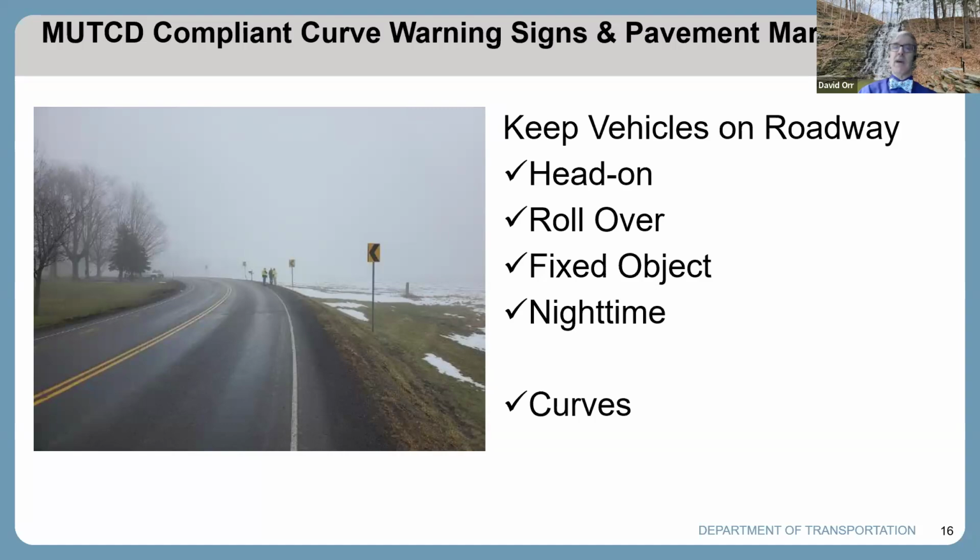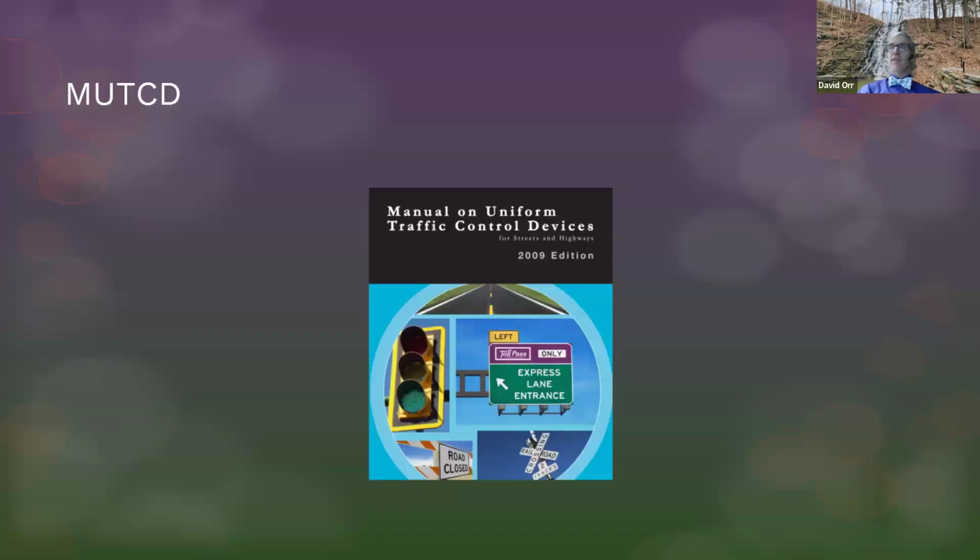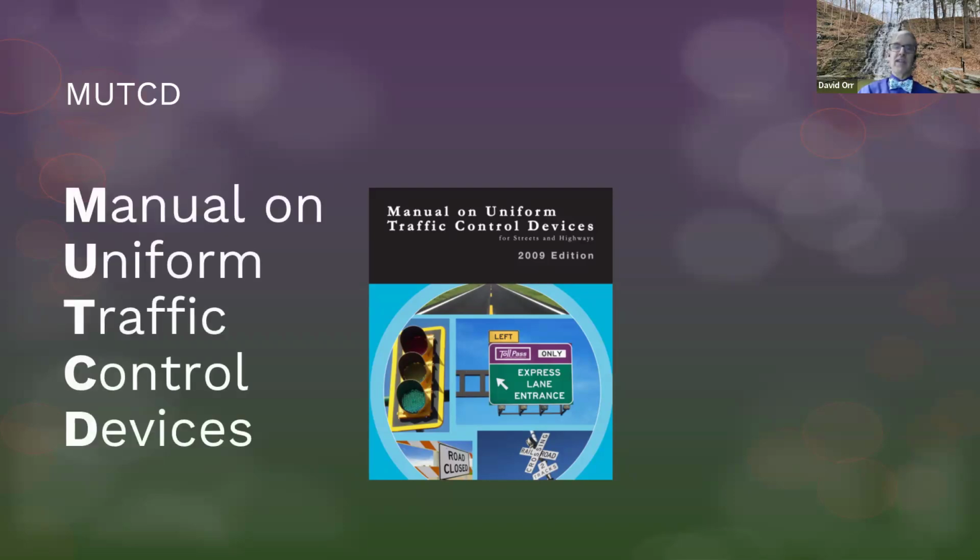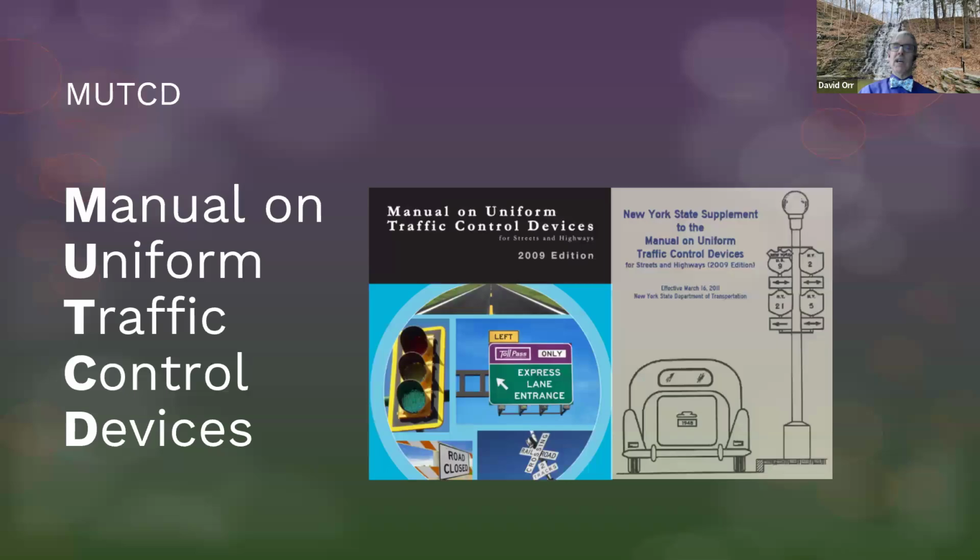Now, what do I mean by MUTCD? A lot of you might have an old one sitting in your office. Realize the MUTCD has been updated, but it stands for the Manual on Uniform Traffic Control Devices. To me, the most important word in this is uniform: consistency. We'll go through that over the course of our hour today. The old one, prior to last December or January, looked like this.